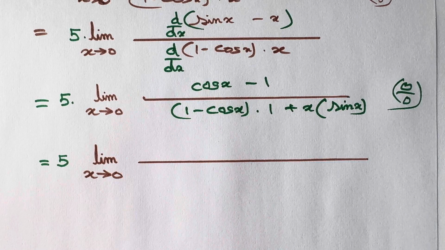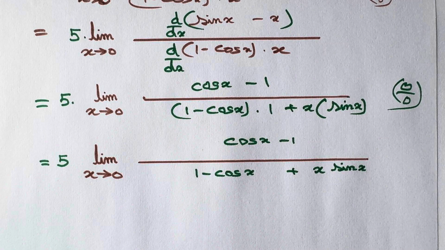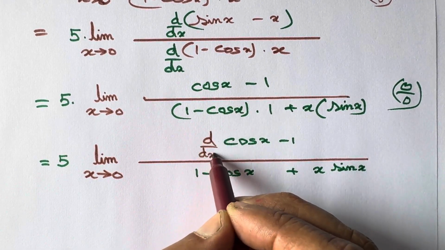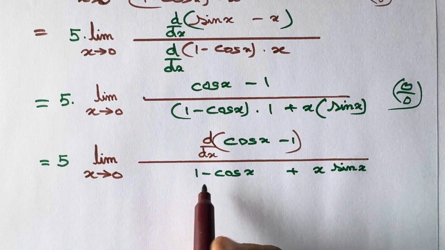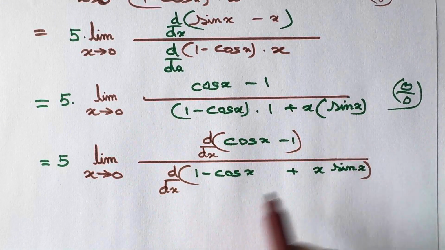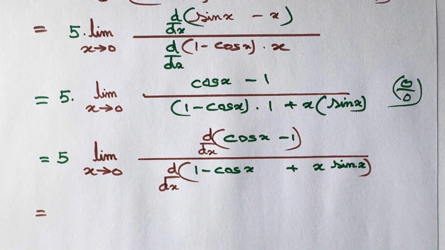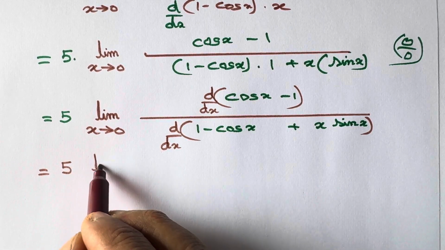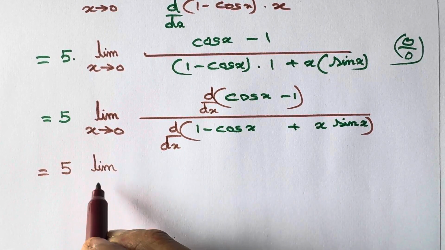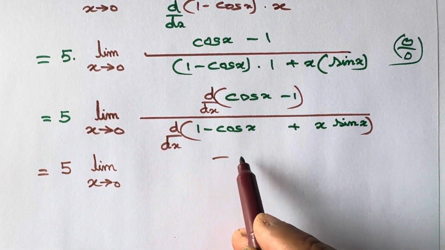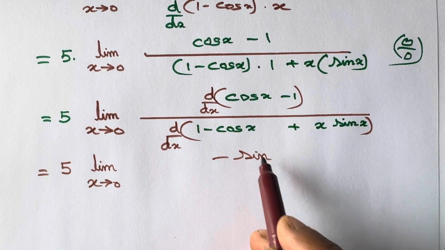So we differentiate the numerator and also the denominator. Okay, 5 we copy as it is. Limit x tends to 0 we copy as it is. How about derivative of cos x, that is minus sin x?